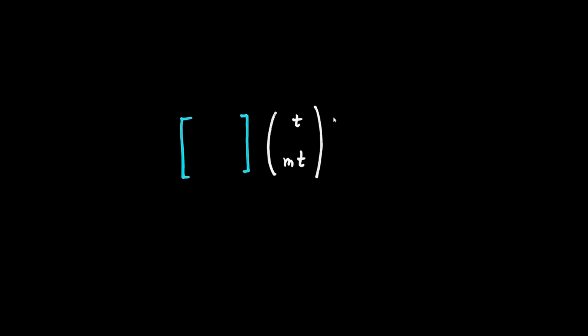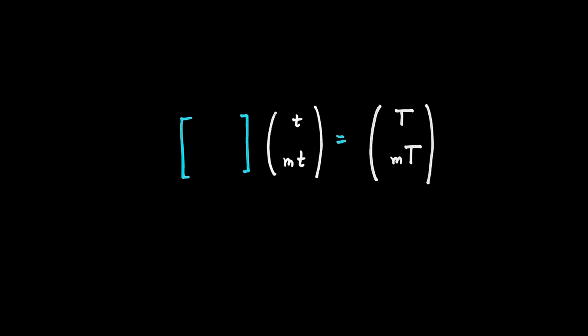And then we say that this is equal to capital T, mt. This basically means that this matrix translates this point somewhere on the invariant line. That is why this point is defined as t and mt.